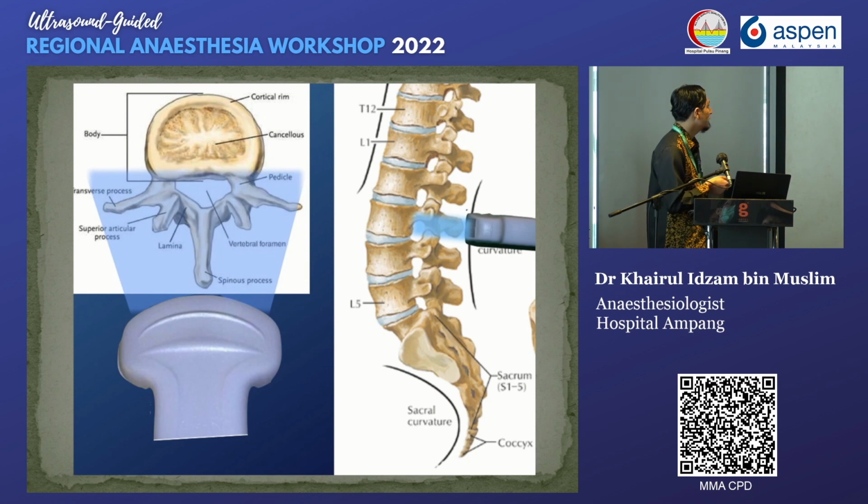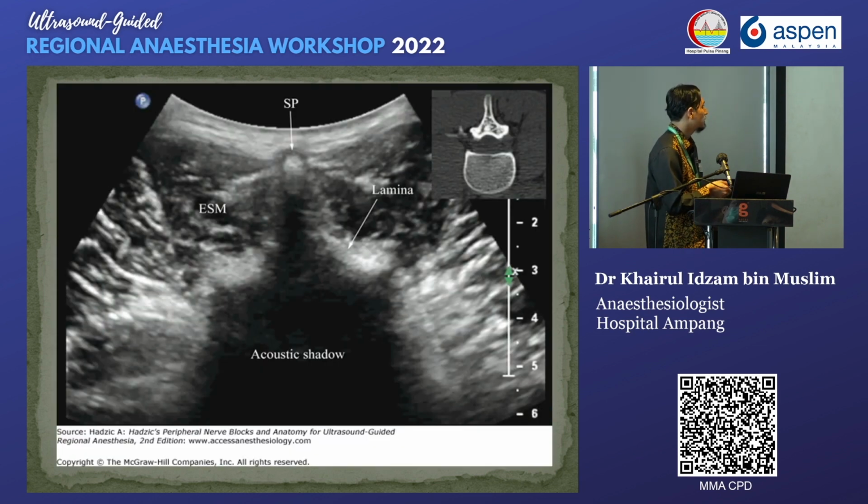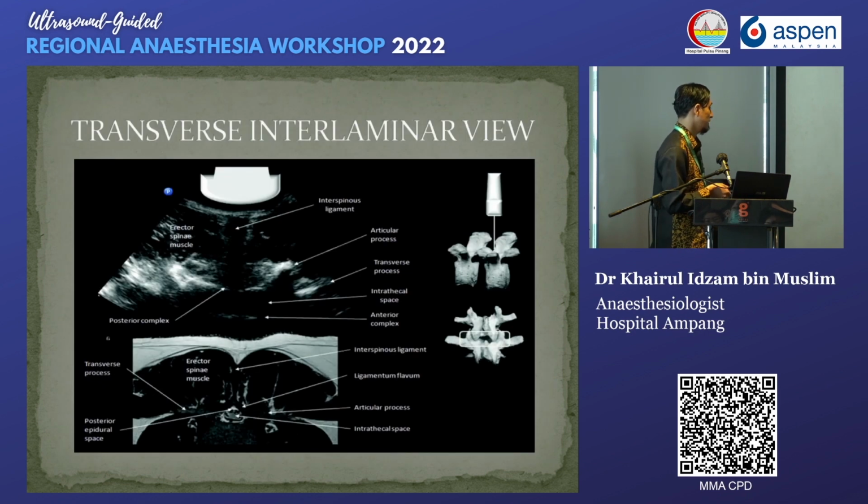So this is the level that we need to scan. Here is the tip of the spinous process and lamina. So this is the acoustic window. This is another view: the lamina, spinous process, and acoustic shadow.